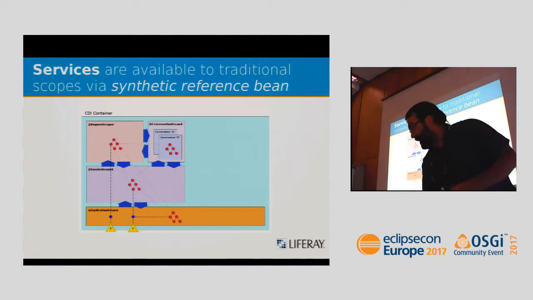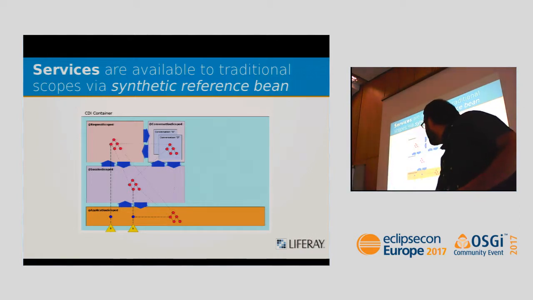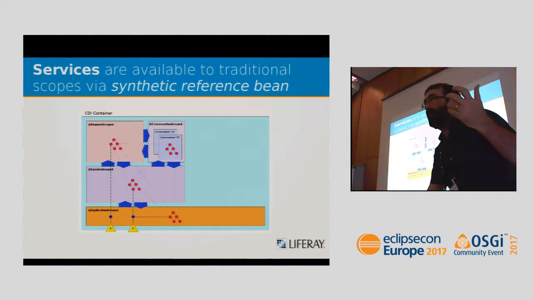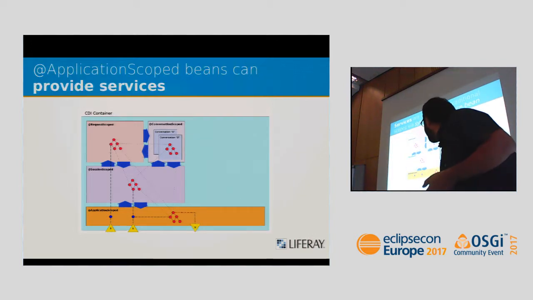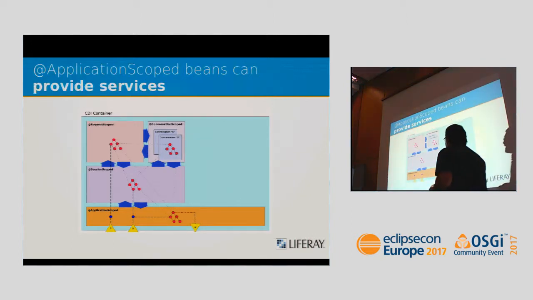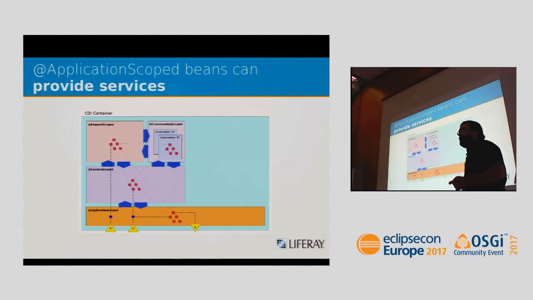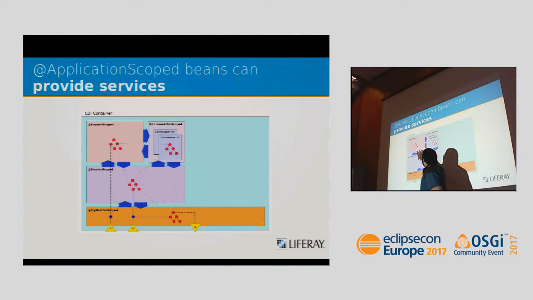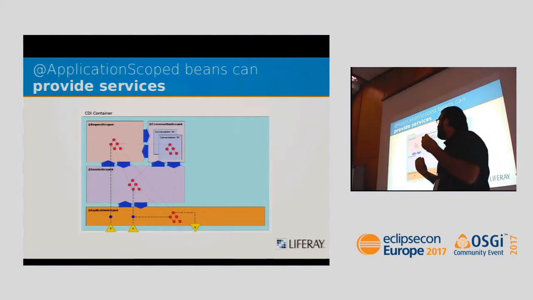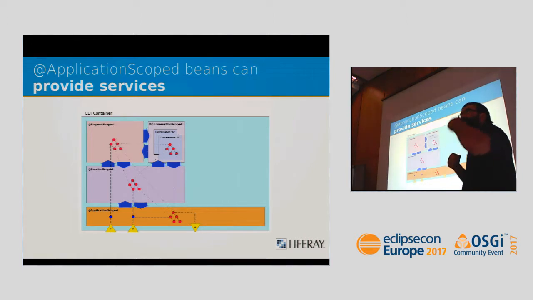All right, that's cool. That means we can have pretty much plain beans and still access services. From our application scope, or somewhere in our application, we want to provide services. Because these scopes are so short-lived, they're not really adequately designed for publishing services into the service registry.